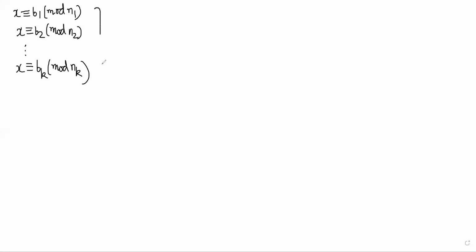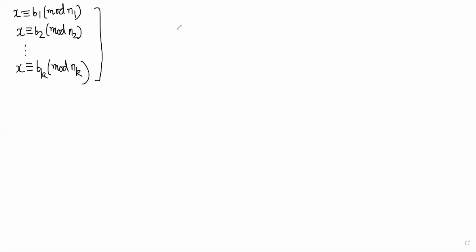Fine. So our congruences were like this. x is congruent to b1 mod n1. x is congruent to b2 mod n2, and so on till x is congruent to bk mod nk. And we want to solve this system.